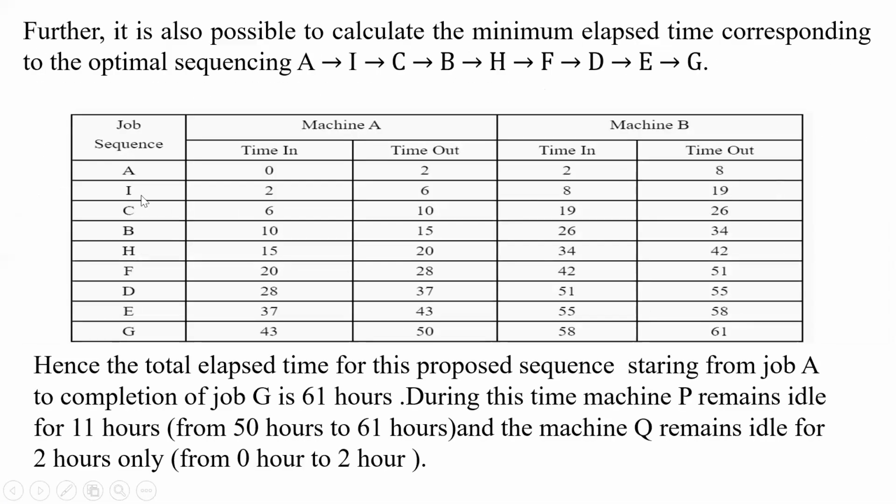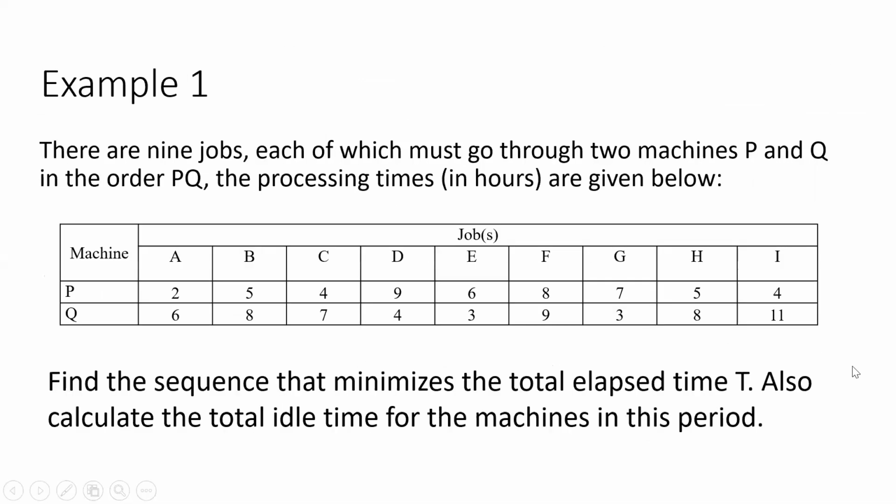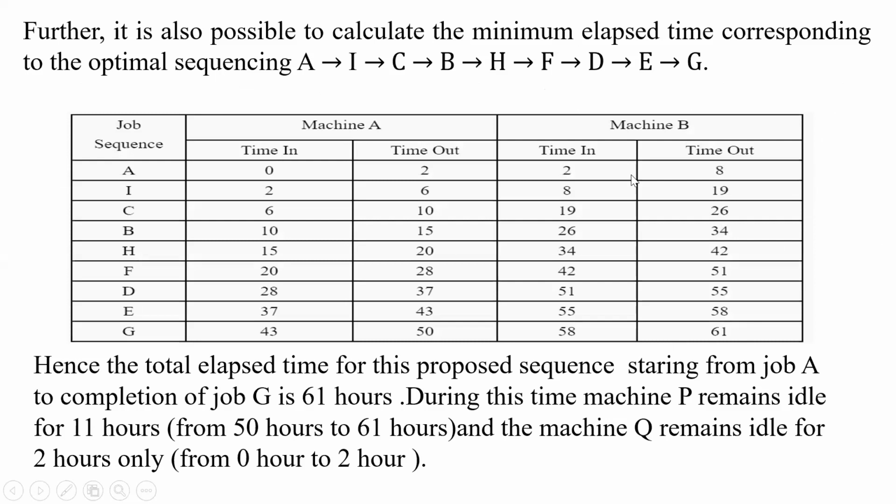And then the I job will get access to machine B at 8 units of time. I is of 11 size, so it will get on 8, but it will be finished on 19, and so on.